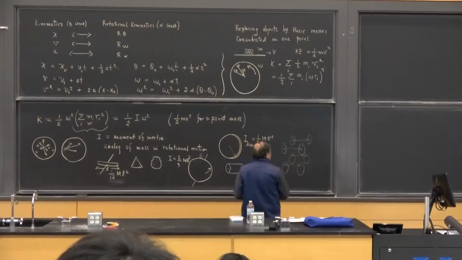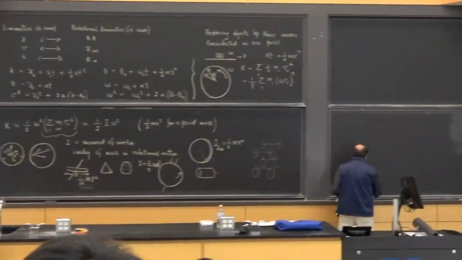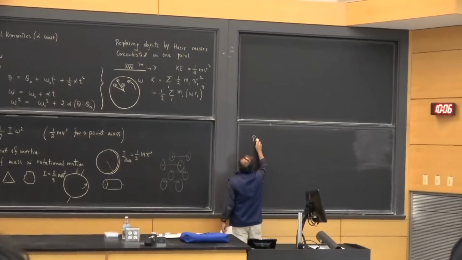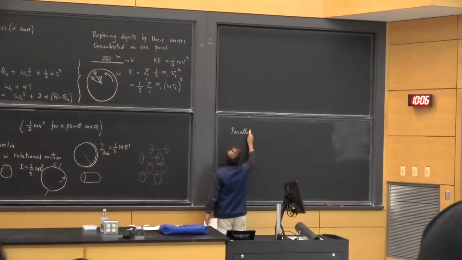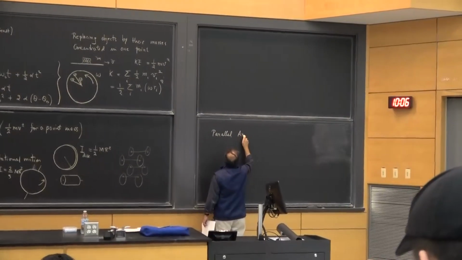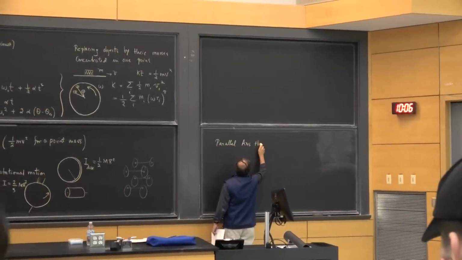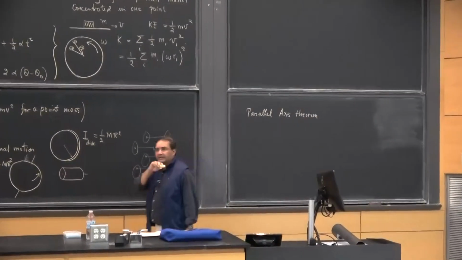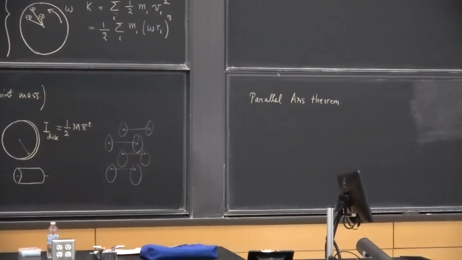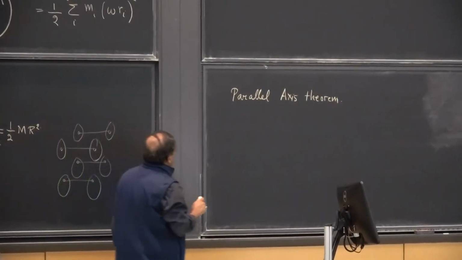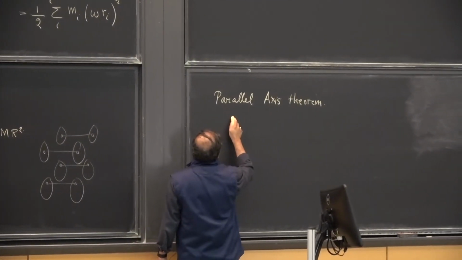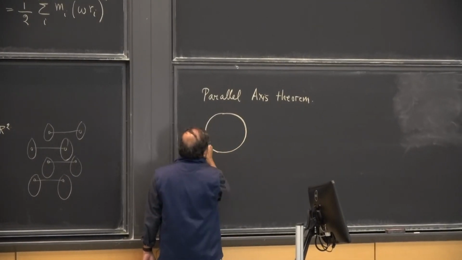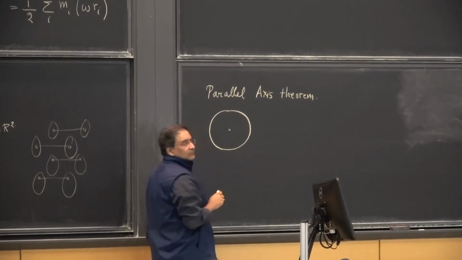There is one more thing I want to say regarding this topic, and that's what happens when the axis is shifted. This is called the parallel axis theorem. It is a simple one to use. Suppose I find the moment of inertia of this disk about the center.